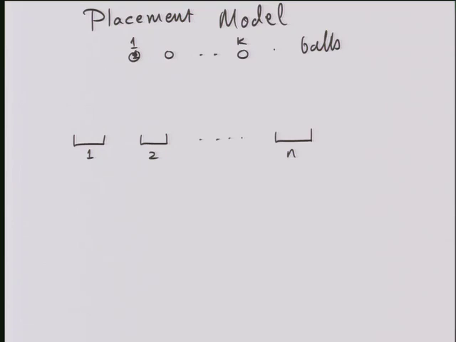Right? So, in this case, what are we doing? Well, we have the K balls, which we are placing into N boxes. Now let's just look at this. We place the first ball into this box. What did we do?